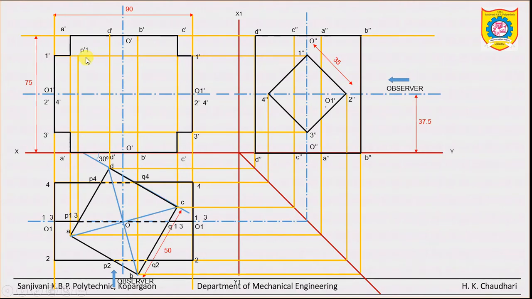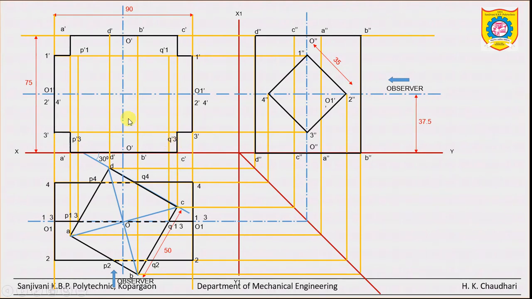So P1 we got here. Similarly from Q1 we got Q1 here. The same line of projection is for point P3 also, and here also Q3. So on the horizontal projection of H3 we can locate P3 here and Q3 on this side.